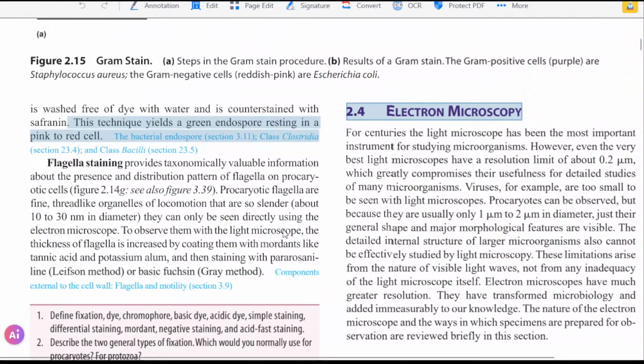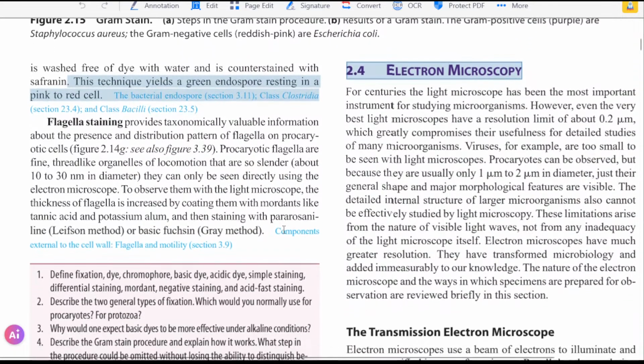Now the flagella staining. We did the capsule staining, we did the endospore staining, and now we are going towards the flagella staining. It provides taxonomically valuable information about the presence and distribution pattern of the flagella of prokaryotic cells.